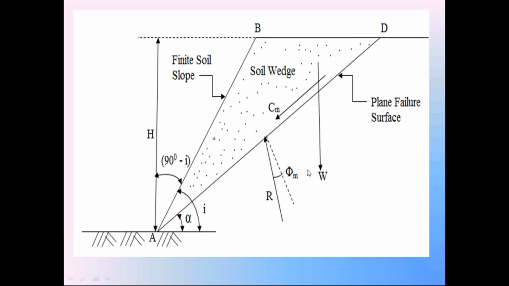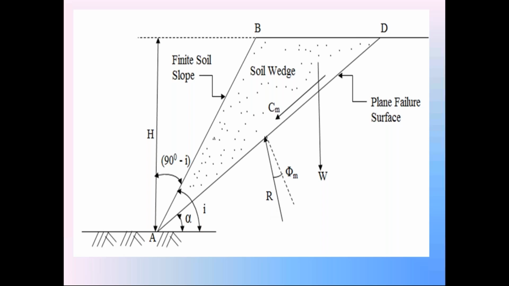So in the diagram, we have totally three forces: W, the weight of the soil wedge ABD, the mobilized cohesion CM, unknown, and the reaction R, unknown. Three forces are acting on the soil wedge. So at the time of failure, the soil wedge ABD is subjected to three forces W, CM and R. Please everyone recollect the engineering mechanics basics.